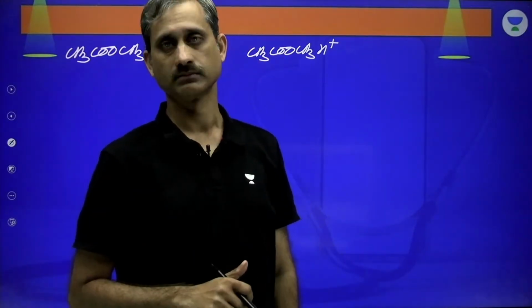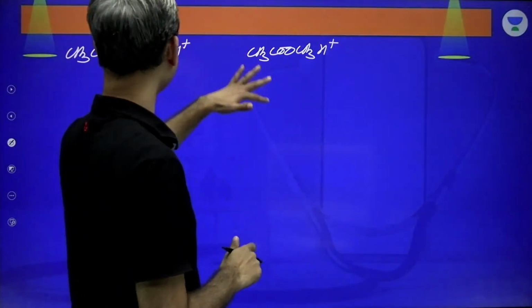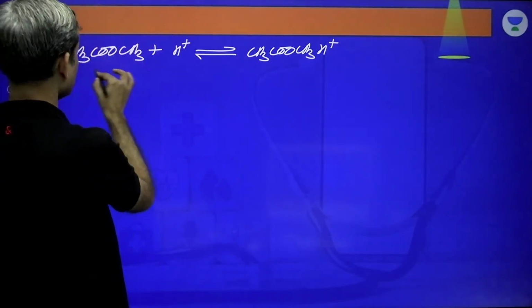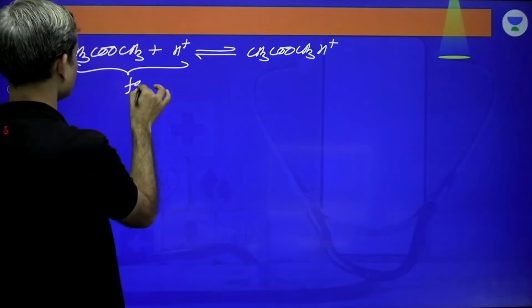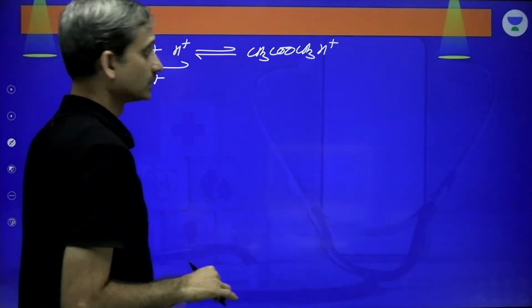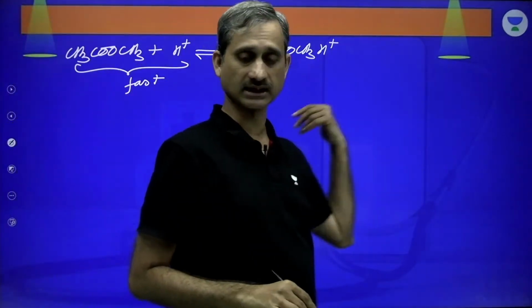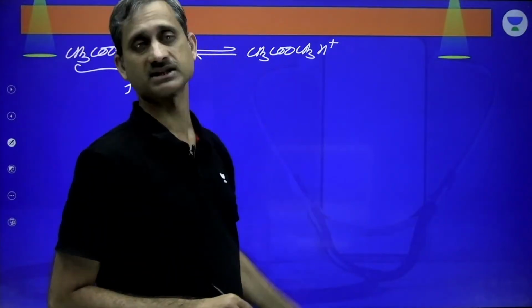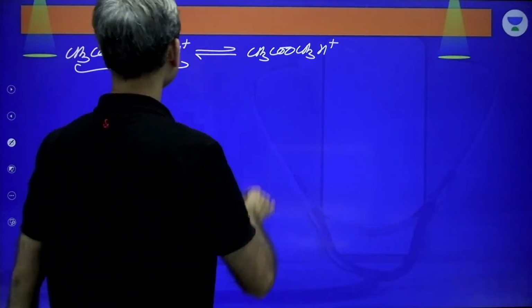It's a slow step. So kind of an equilibrium is established between these two. This is a fast step. So however much goes out, that much comes back in. So there will be an equilibrium established, and this equilibrium could have the equilibrium constant K.